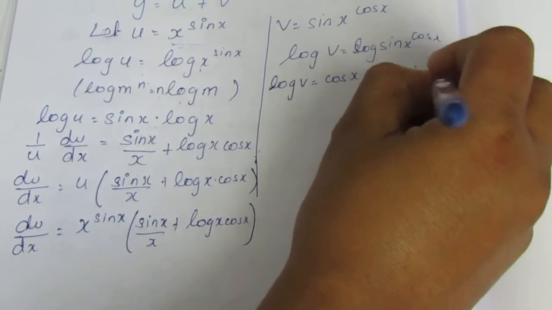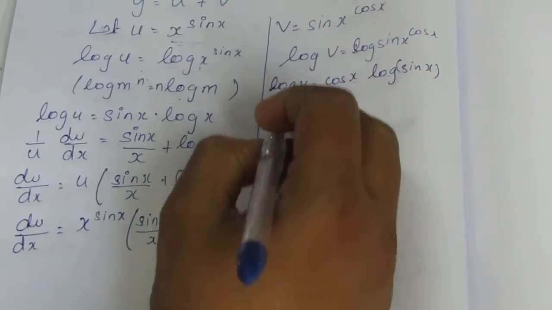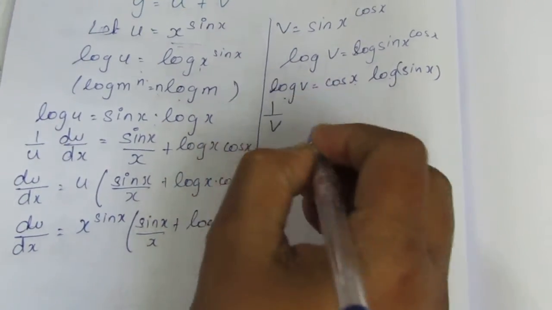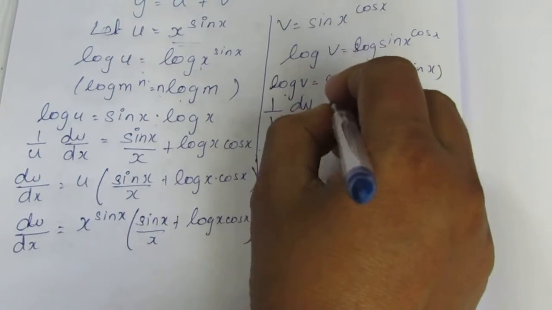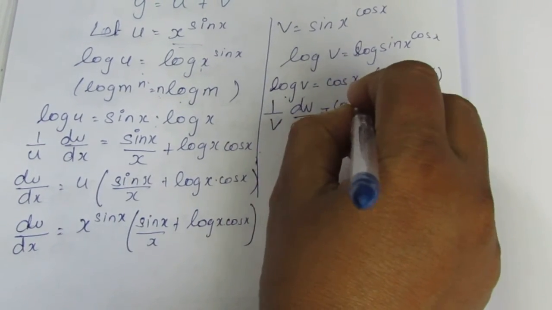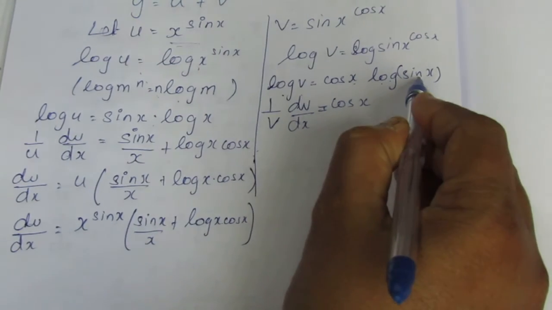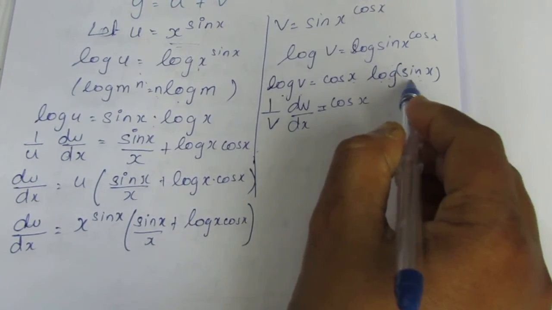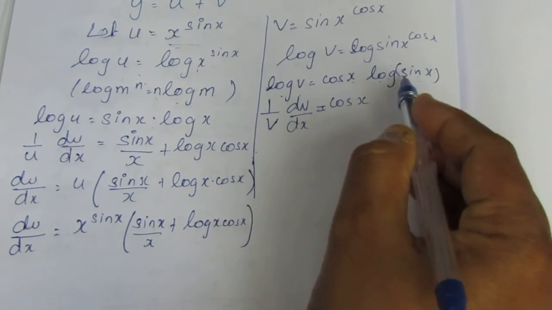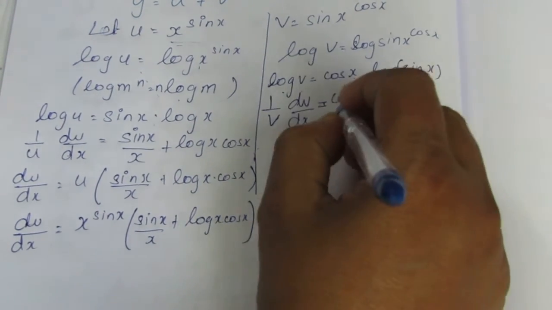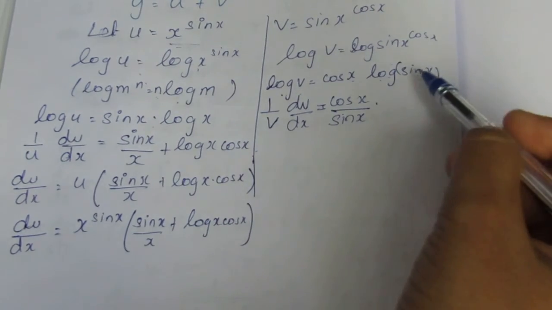Now as it is in multiplication, we are going to use the product rule. Let me start with the differentiation. This becomes 1 by v dv by dx is equal to, keeping cos x as it is, differentiating log sin x, it becomes 1 by sin x into the inner function differentiation.